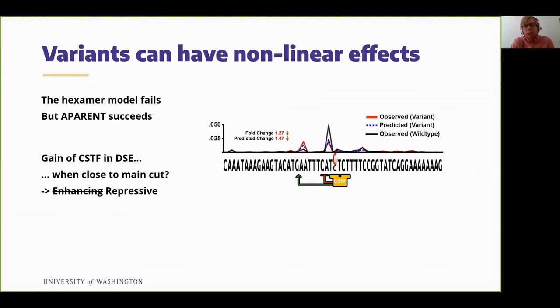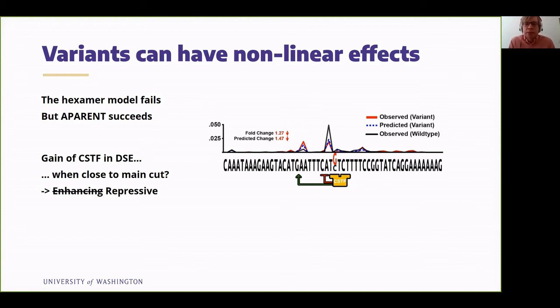So we expressed and measured this particular variant. The black curve shown above here is the observed measured cleavage distribution. As you can see, there are actually two different cut site modes in this poly-A signal, where there's a cut site right before the CSTF binding site, where the main portion of cleavage occurs. And there's a weaker cut site further upstream that's used less frequently.